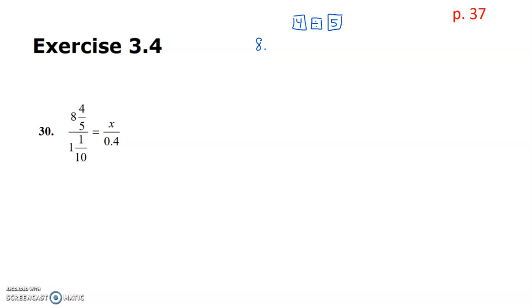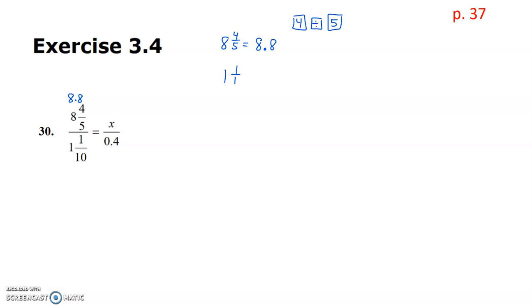And 4 divided by 5 is 0.8. So 8 4/5 is equal to 8 and 8/10. So 8.8. So I'll just write that over here. 8 4/5 is equal to 8.8.